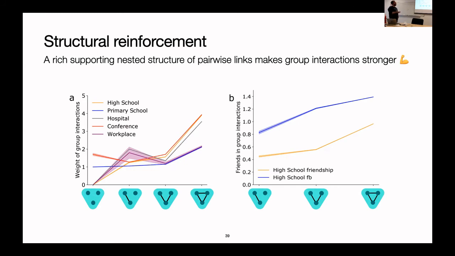There is this trend also in friendships: group interactions that involve people who call themselves friends, and they measured this friendship with a questionnaire, asking people whether A is a friend of you or B is a friend of you, but also with Facebook data, checking if A and B were friends. If we measure the mean number of friends in group interactions, we see that people tend to be more friends if they interact in groups, but also interact a lot pairwise.